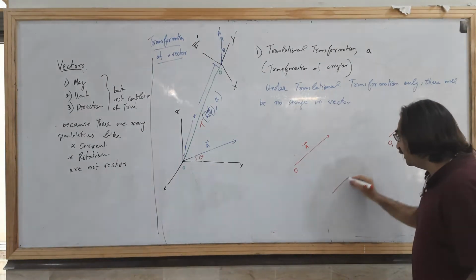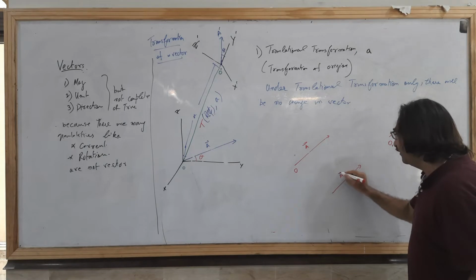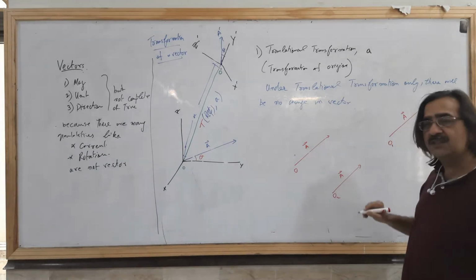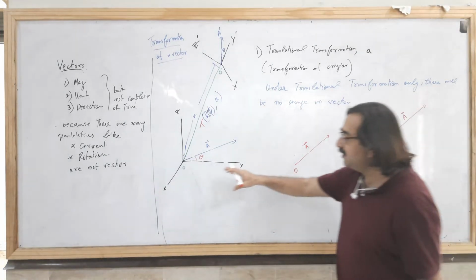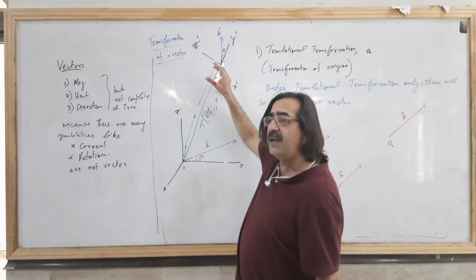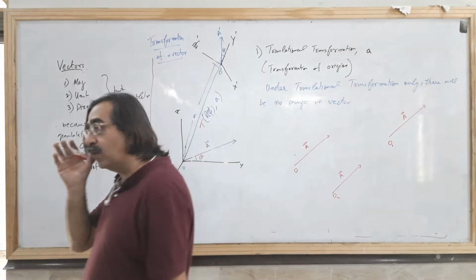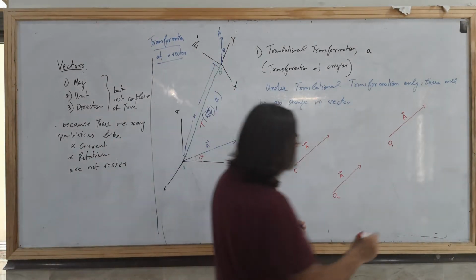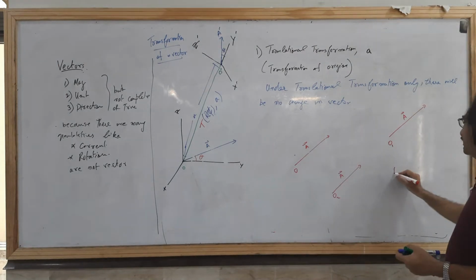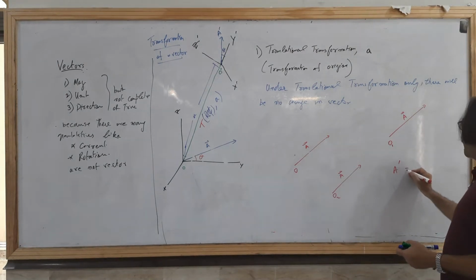Even if I change the places, it remains the A vector. So if something moves from here to here, A vector remains A. If A dash is the new vector, A dash will remain A.